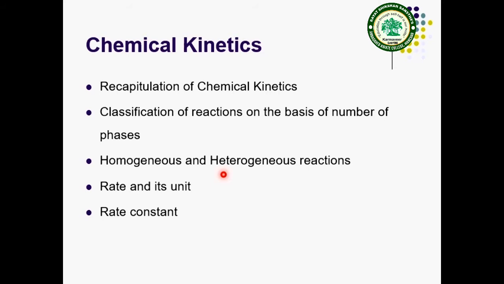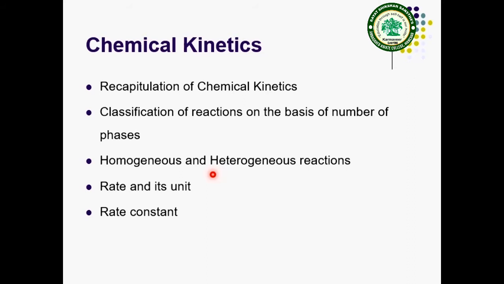So this is the good example of a homogeneous reaction. Now if we consider hydrolysis of an ester, this is also one of the good examples of homogeneous reactions in which all the reactants and products are in the liquid phase.